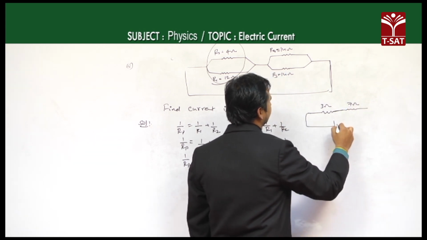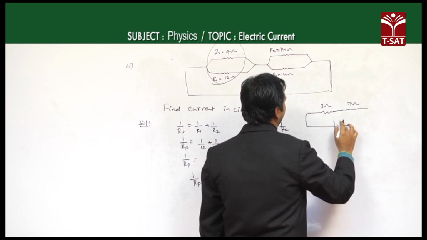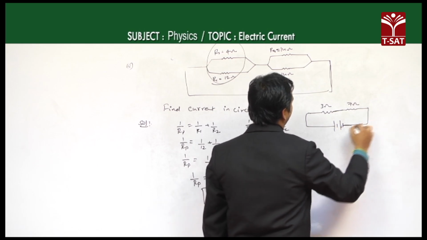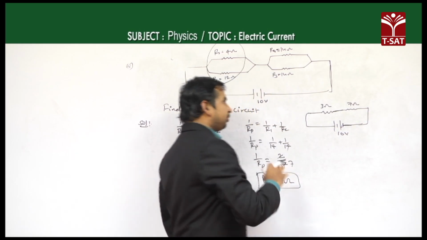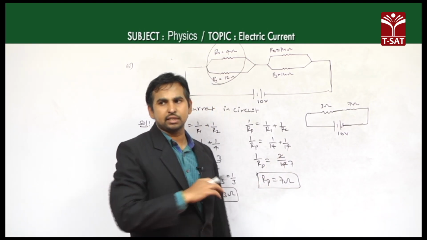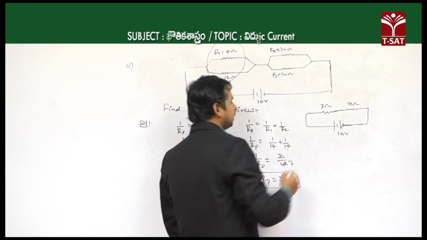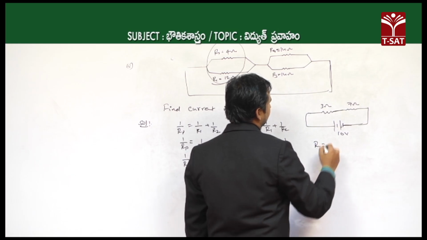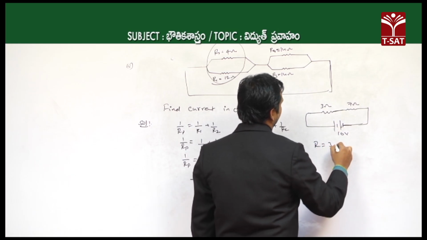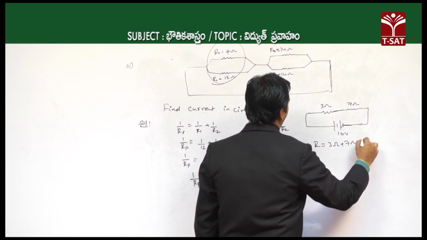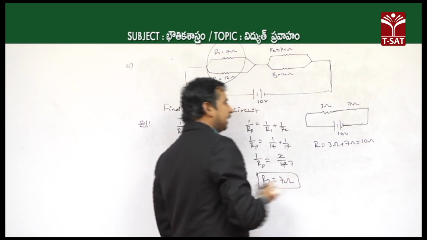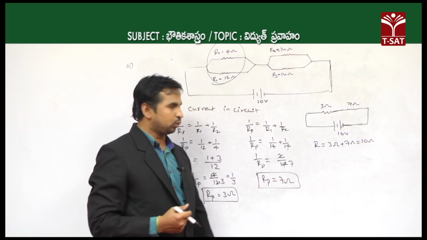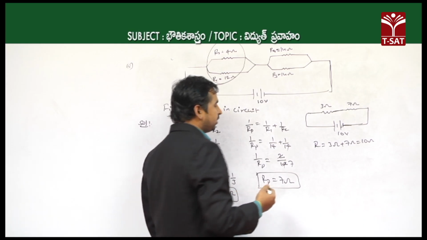Then these two are connected to the battery, of which 10 volts is given. As they are in series, the final resistance becomes R is equal to 3 plus 7, which is 10 ohms. The final resistance is 10 ohms and the voltage supplied is 10 volts.